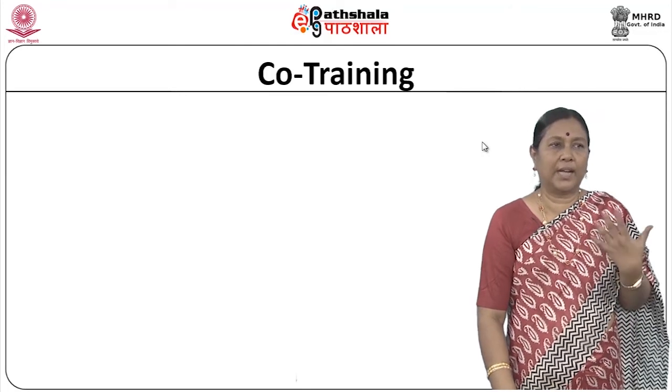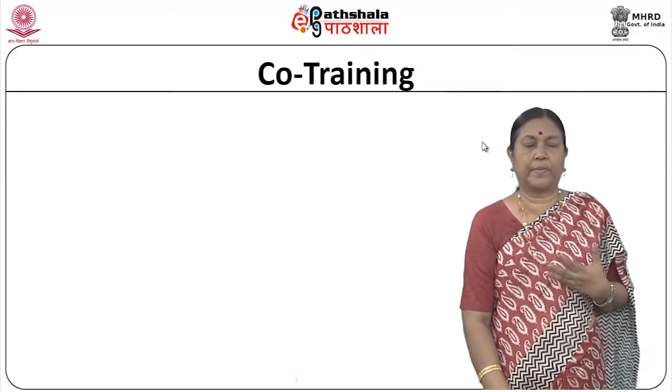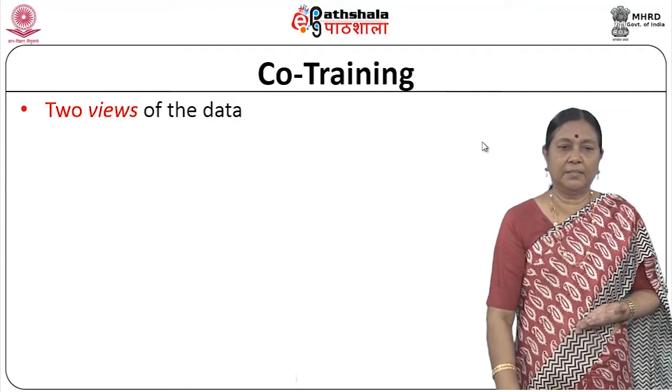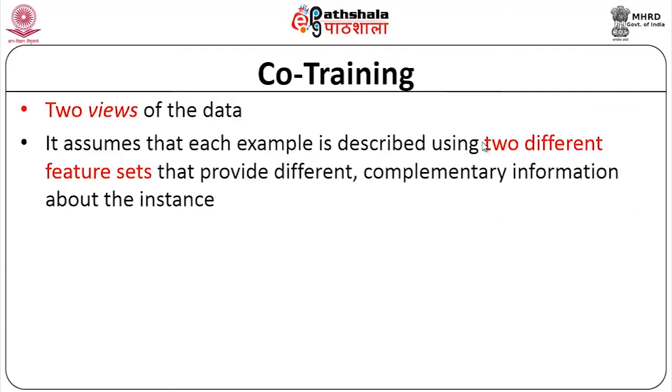Now, let us go to the other aspect of semi-supervised training, which is called co-training. You have two views of the data here. It assumes that each example is described using two different feature sets that provide different, complementary information about the instance. This is quite interesting. You have a data point, for example an object.